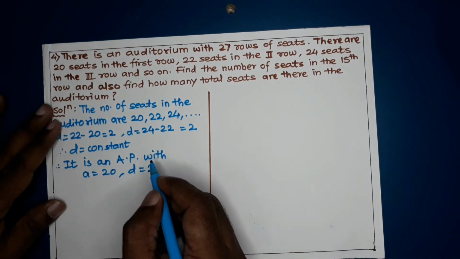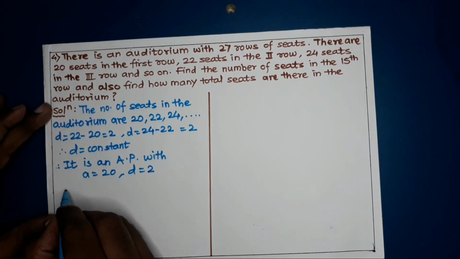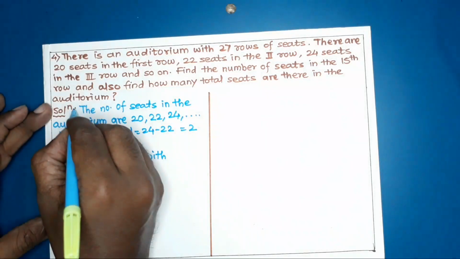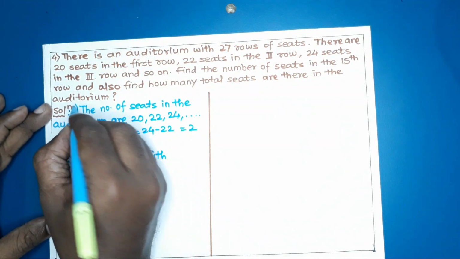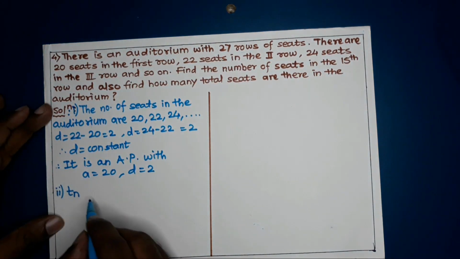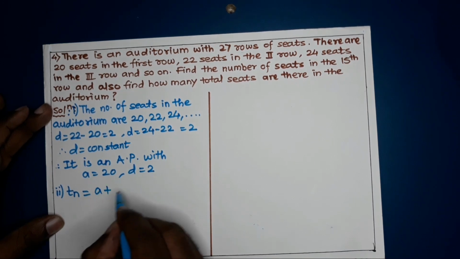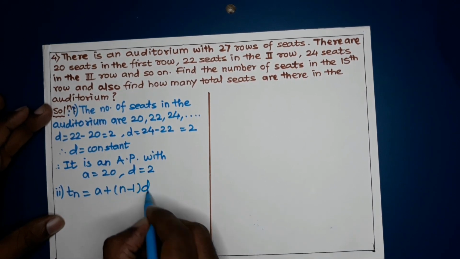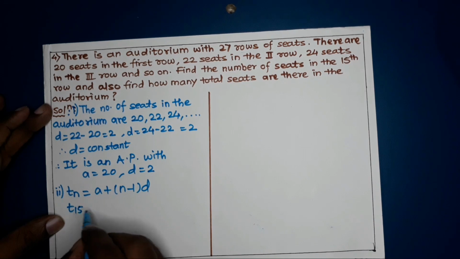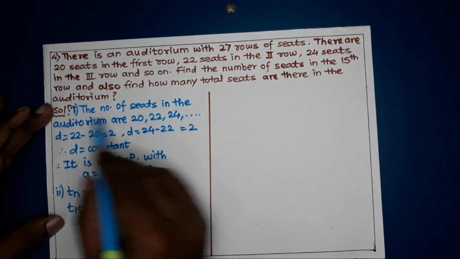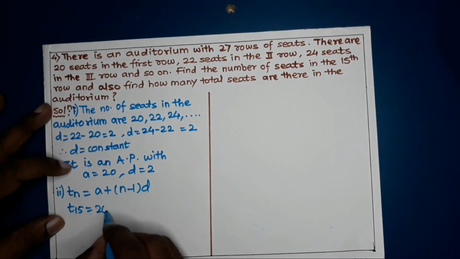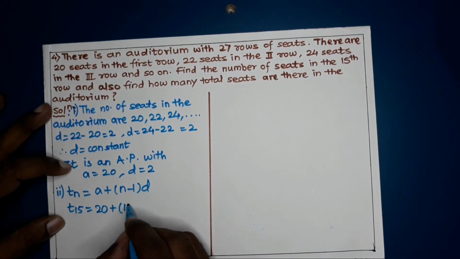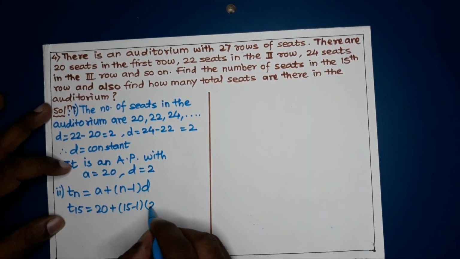Now let's solve our first question. Tn, let it be our first step, this will be second. Tn is equal to a plus n minus 1 into d. Now we have to find T15, the number of seats in the 15th row. So here I will write 20 plus 15 minus 1 into the value of d, which is 2.